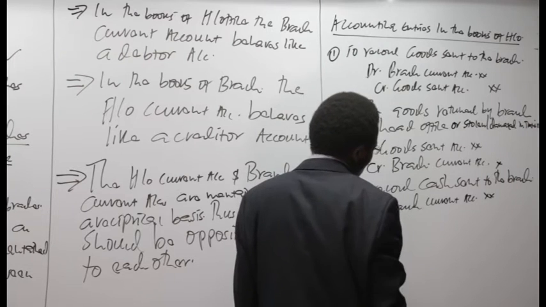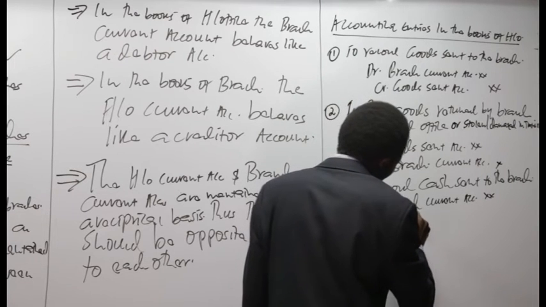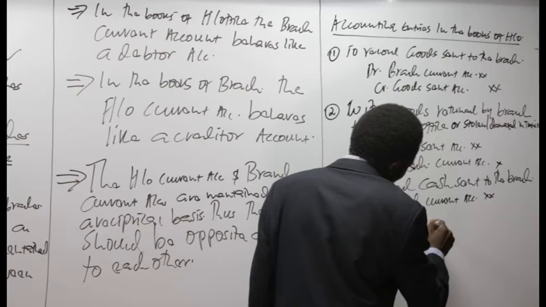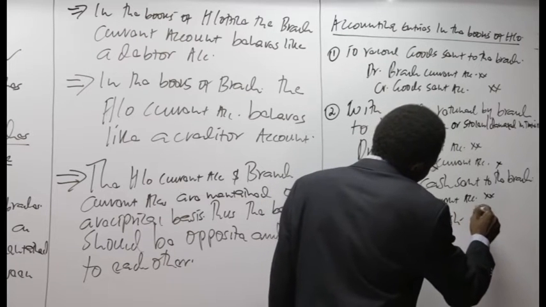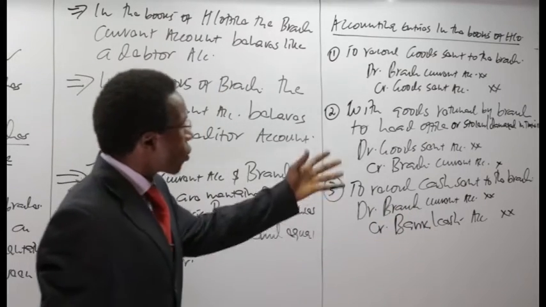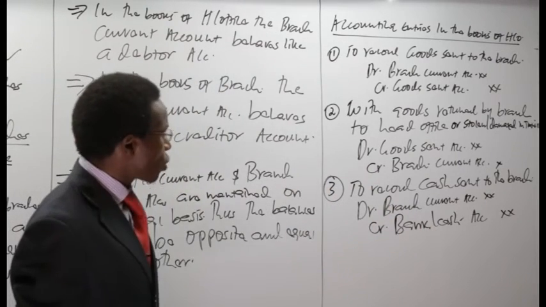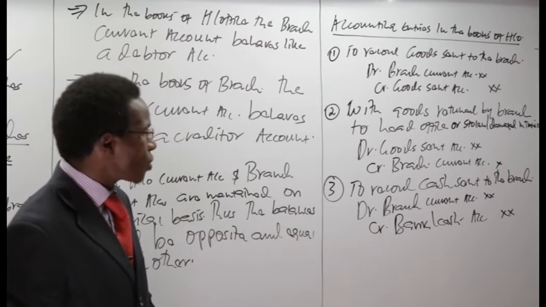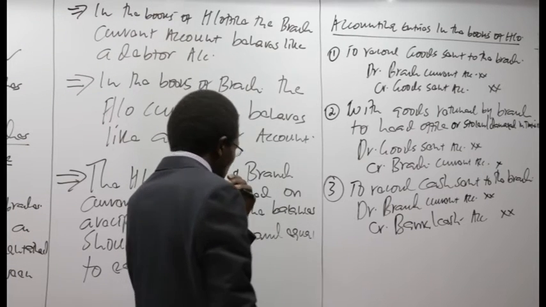Then we are going to credit our cash or bank. Remember, the cash we are talking about is the head office cash or the bank account for the head office. So you debit your branch current account, you credit the bank / cash account.